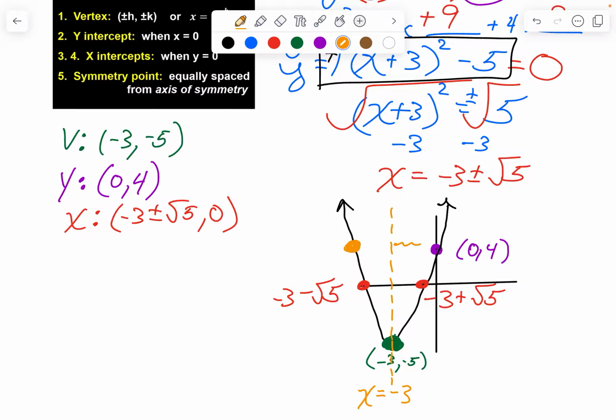As long as you understand that this distance right here is -3, meaning that this distance would be another -3, then with a little visual inspection, I can arrive at -6. Careful, it's still going to be at 4, which is the same as the y-intercept. So my symmetry point is -6, 4. And that's a pretty quick rendition of the 5-point method.